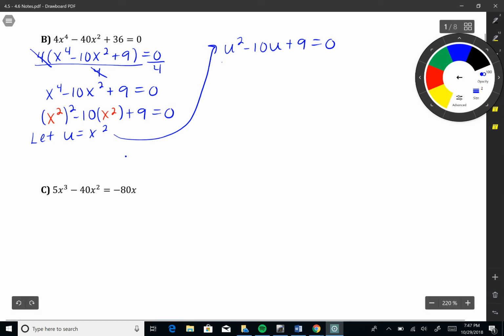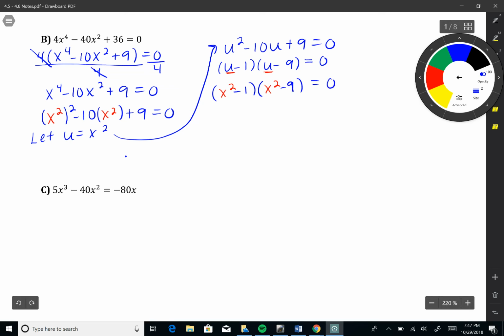Those will both have to be negative: negative 1 and negative 9. So I'm going to write u minus 1 times u minus 9 equals 0. Now I plug back in my x squareds for those u's, since that's what they were holding the place of. So I have x squared minus 1 times x squared minus 9 equals 0.